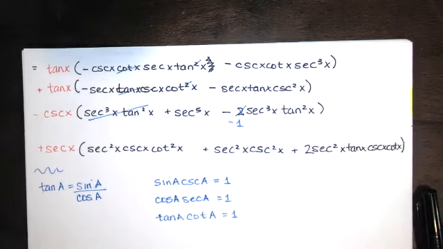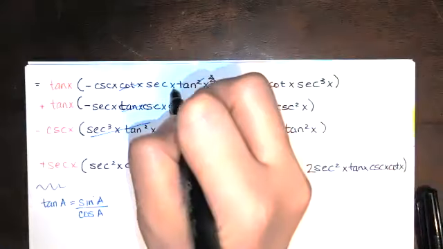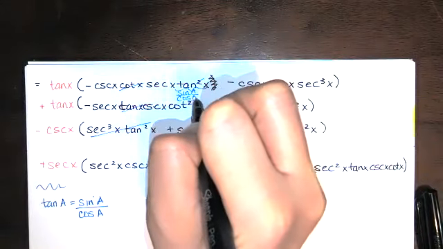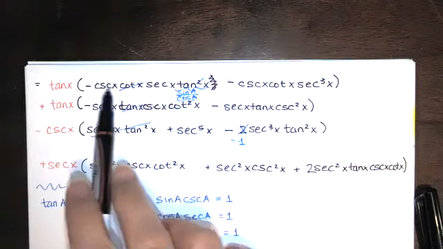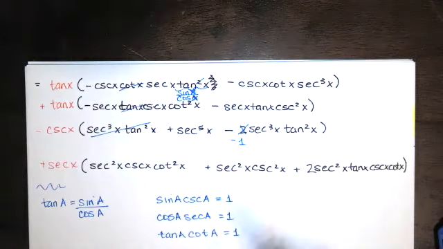Okay, so with that in mind, I'd like to simplify wherever I can. First, I'll write this tangent as sine of A over cosine of A. And let's see what happens. The angle in this case is x. We've got a sine of x here and a cosecant of x there.